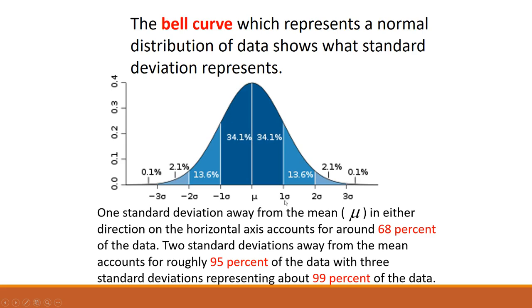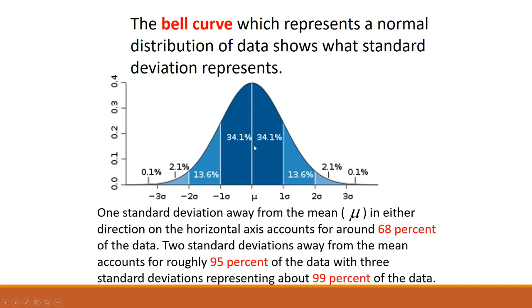This is one standard deviation above the mean. This is one standard deviation below the mean. This is 2 standard deviations above the mean. And this is 2 standard deviations below the mean, and so on. And what you can see from a normal distribution is that there is a certain amount of data that falls between the mean and one standard deviation away from the mean.